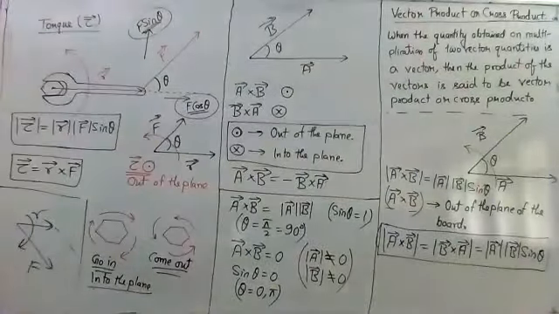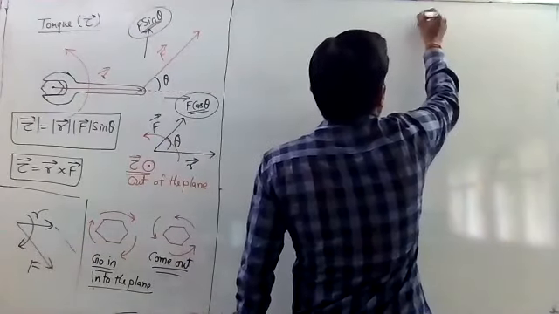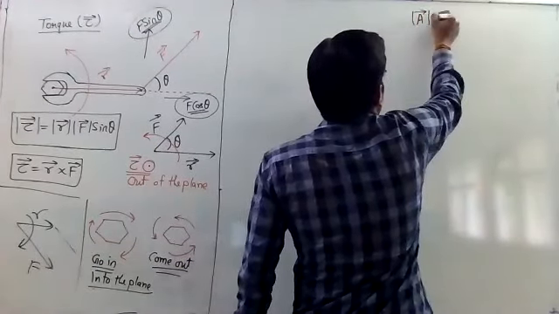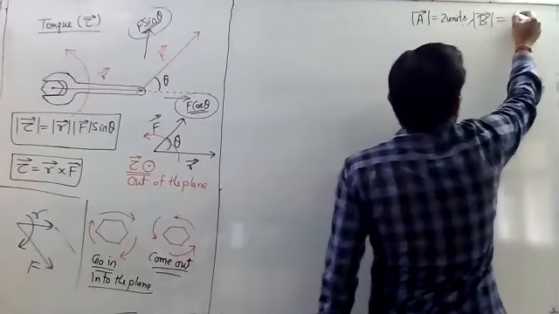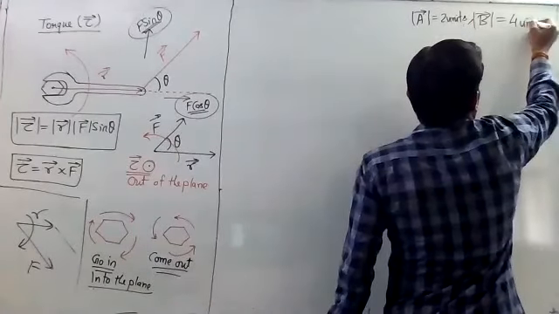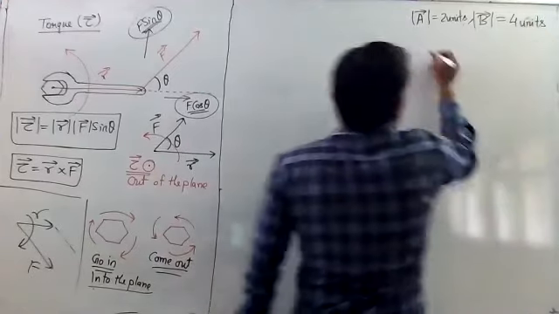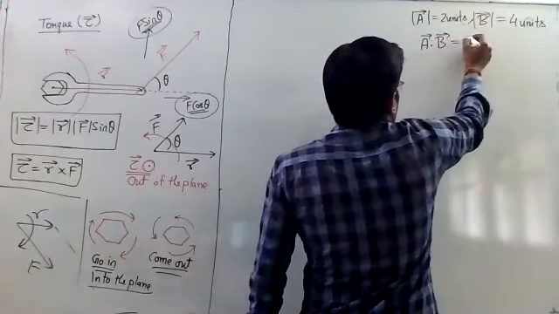So here we are going to discuss a question. Suppose a vector A is given to you with a magnitude of 2 units, another vector B has a magnitude of 4 units, and their dot product is equal to 4 root 3 units.